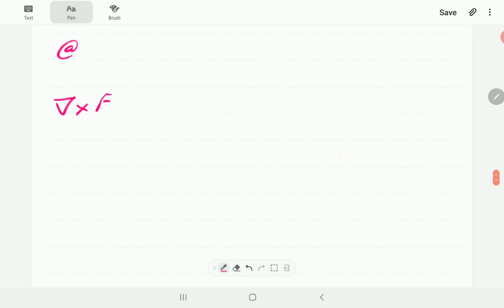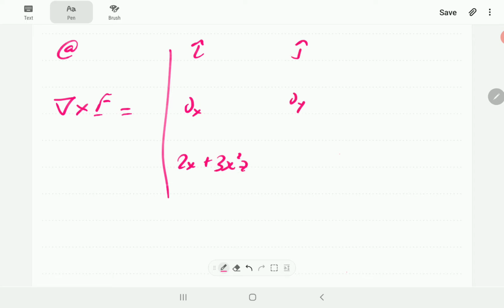Curl of f: partial x there, 2x plus 3x squared z; partial y, we've got z squared minus 2 here; and then partial z, we've got x cubed plus 2yz.